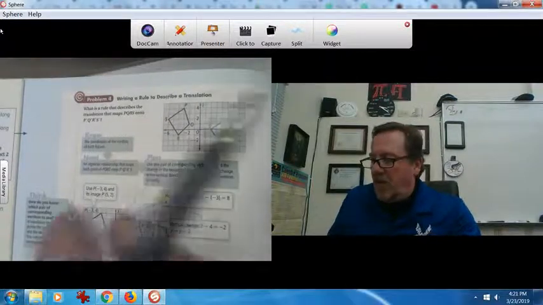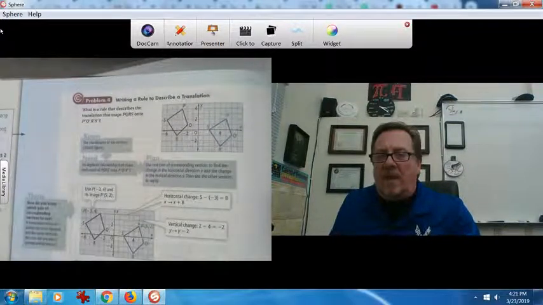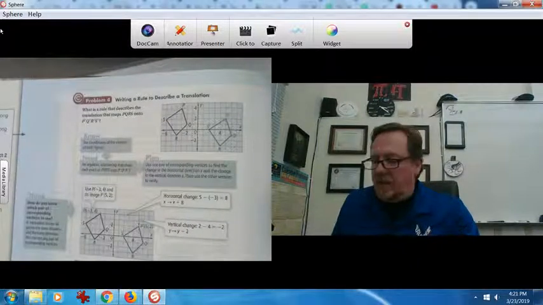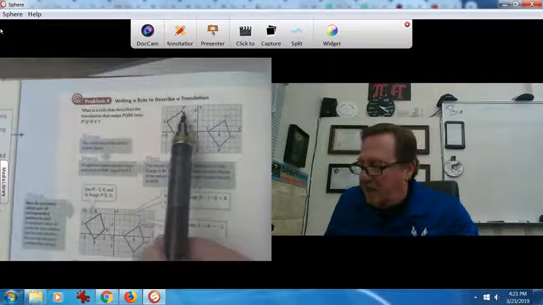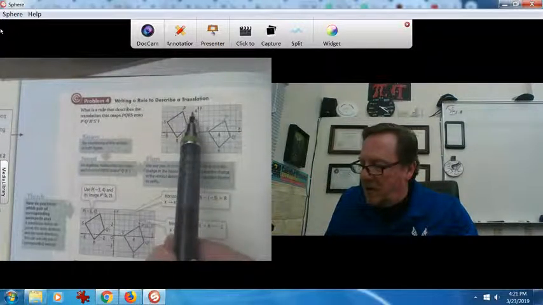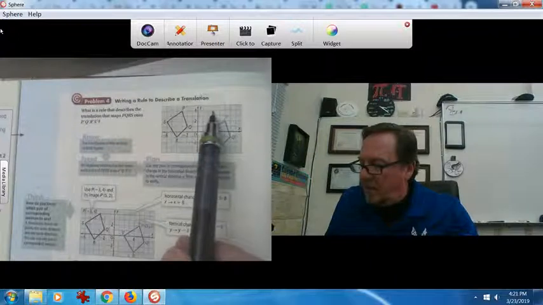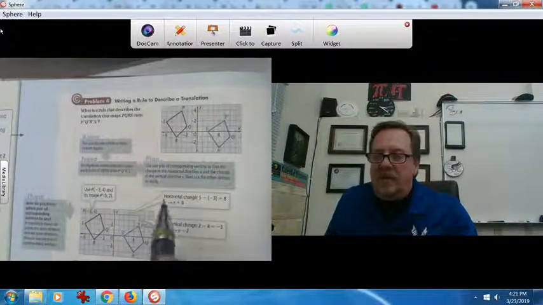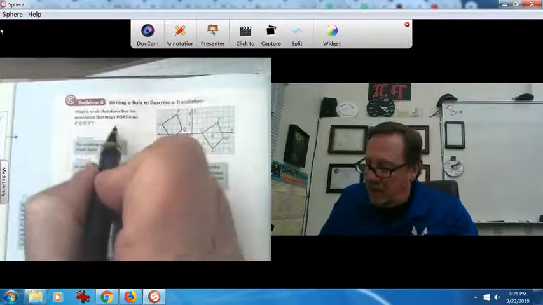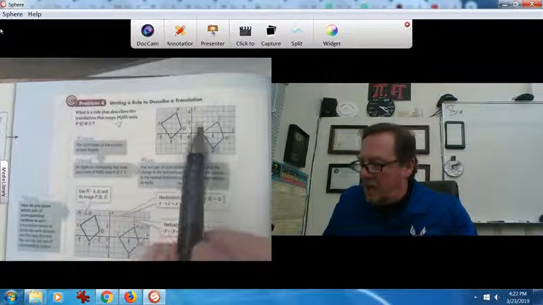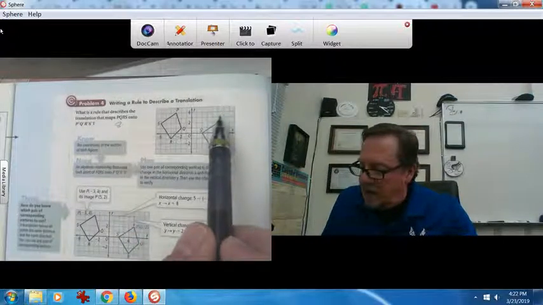So all we have to do is figure out how far it went in the X direction and how far it went in the Y direction. So let's count. From P to get over to P prime, I have to go over by 1, 2, 3, 4, 5, 6, 7, 8. Right? Don't write in your books, but I know that in the X direction I went 8. And in the Y direction, after I got here, I went down by 1, 2.